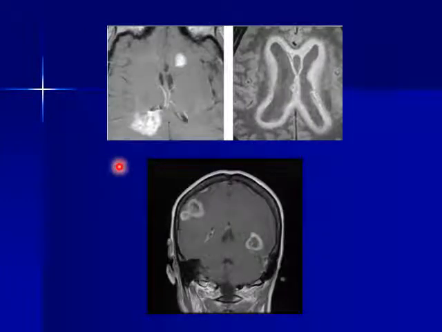Glioblastoma multiforme has some rare patterns of growth. This is one of them, periventricular: you see a lesion like this infiltrating the periventricular or the subependymal tissues.